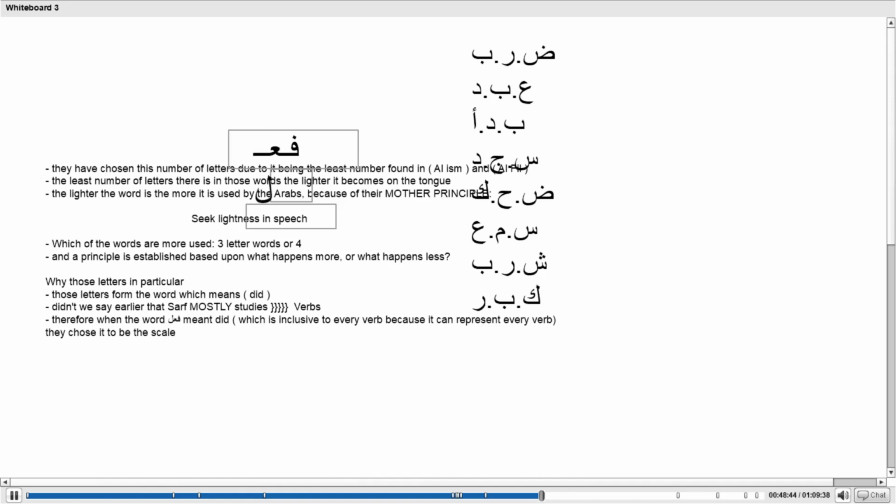Now I'm going to tell you, pay attention, that if you want to make a past verb with those root letters, match it to fa'ala, or fa'ila, or fa'ula.